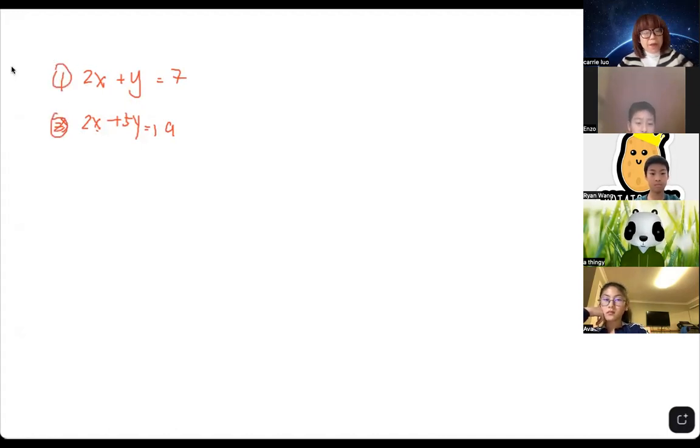So how many y has been added up? Compare equation 1 and equation 2, how many y has been added up? 4. Very good. And how many numbers has been added up? 12.